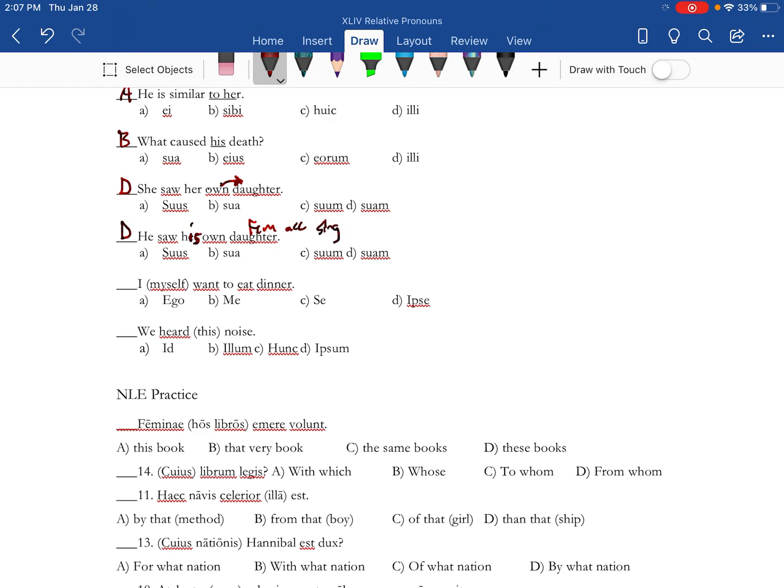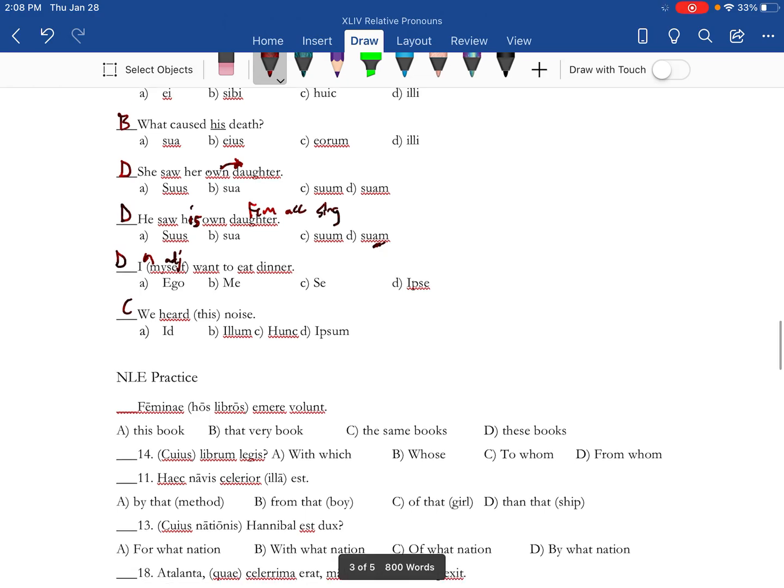And the adjective has to match case, number, and gender, syrup and eggs. This is the feminine accusative singular. I myself. Alright, so it's an adjective with the self right afterward. D. We heard this noise.